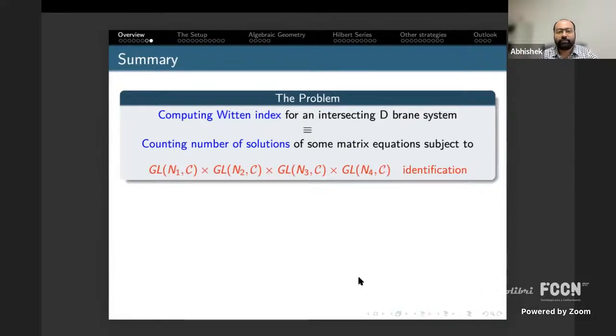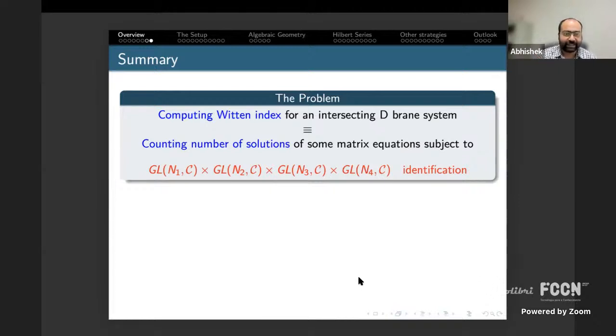So the problem essentially boils down to computing this Witten index in an intersecting D-brane picture, and this effectively boils down to counting the number of solutions of some matrix equations subject to certain complexified gauge transformations. We have 4 D-branes, so there are 4 gauge groups, and we have to complexify those gauge groups.